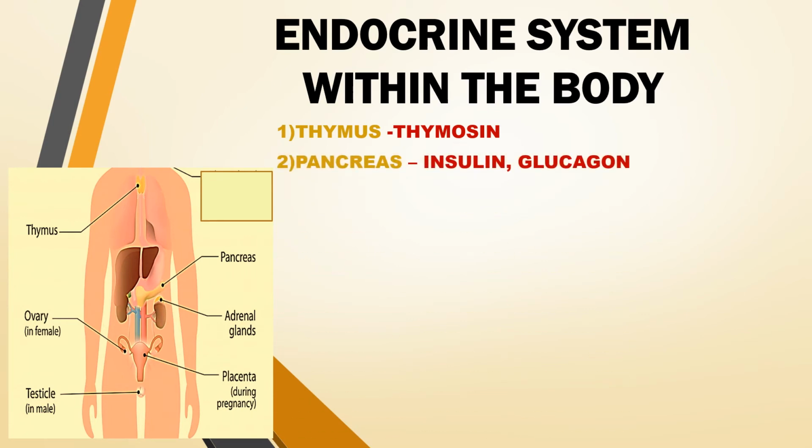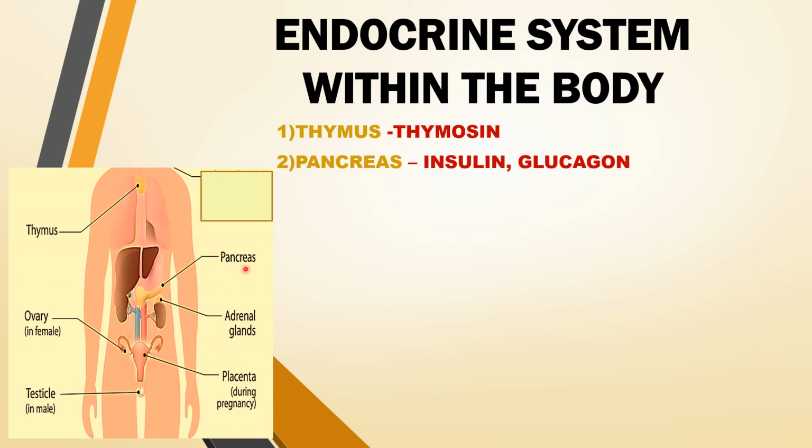Next is pancreas. Pancreas is a heterocrine gland because it has endocrine and exocrine parts. It is situated below the stomach under the C-shaped duodenum. It has both the endocrine and exocrine parts. That's why it is known as the heterocrine gland.